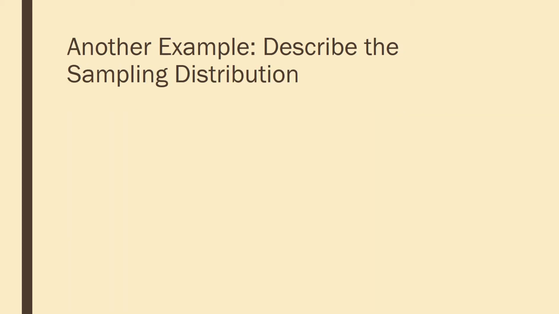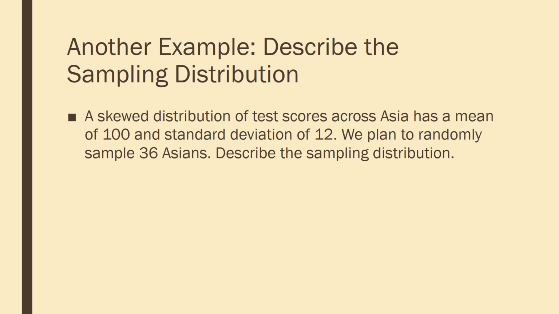Now here's another example of describing the sampling distribution. So a skewed distribution of test scores across Asia has a mean of 100 and a standard deviation of 12. So this first sentence, again, we're talking about the population, right? You would think a population would be all Asians in Asia. And so a lot of people, we're never going to be able to survey them all.